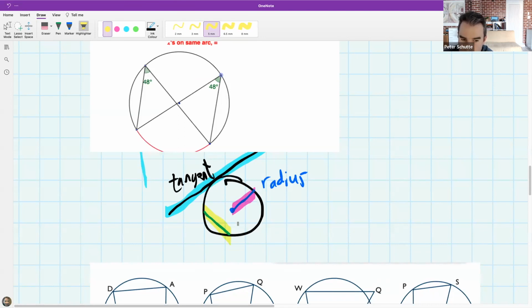If the chord was going through the center, so if the chord was doing this, then it would be a special type of chord. Last question, what is this special type of chord called? If it goes through the center of the circle. Yeah, it's called the diameter.